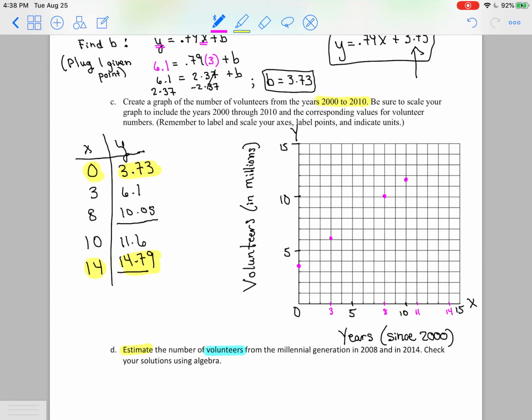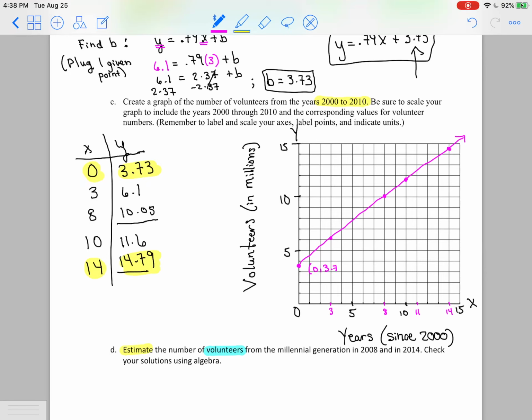Okay, and here's my 14. And we're going to go almost all the way up to 15. Now, when you do that, of course, your points should be in a nice straight line. This is supposed to be a linear function, right? A linear equation.